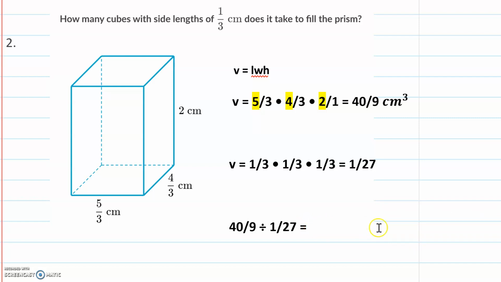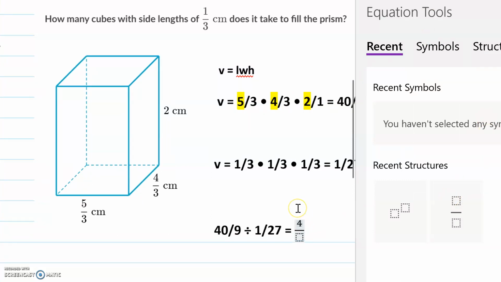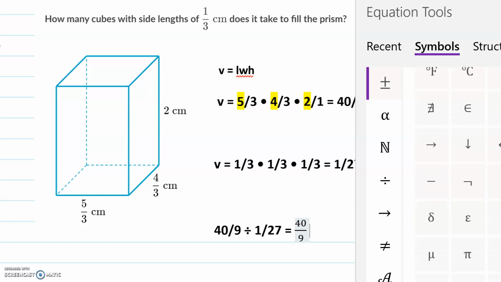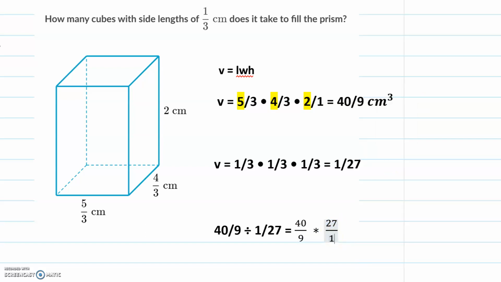And I'm going to actually show those fractions a little differently because that way I can show you the cross canceling here. So 40/9 times, now it's 27 over 1 instead of 1 over 27.